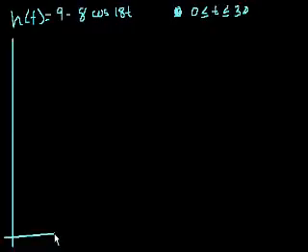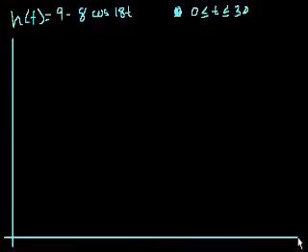And let's say that this is my t-axis. This is h, and this is t. And so this is t equals 0, and this is t is equal to 30 seconds. I get confused when I see this 18 here or whatever.